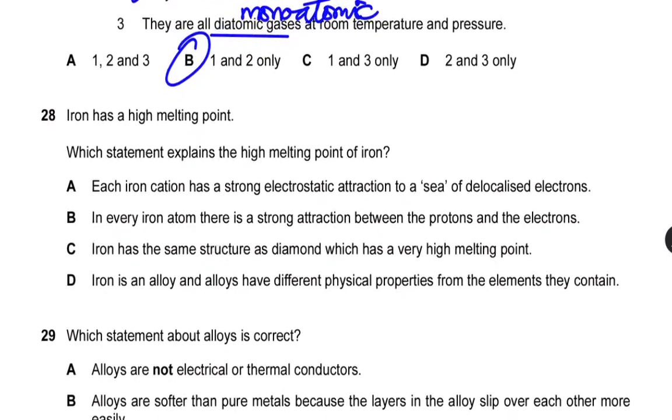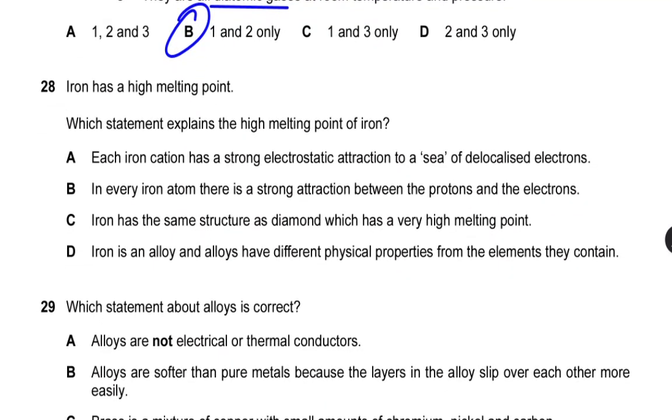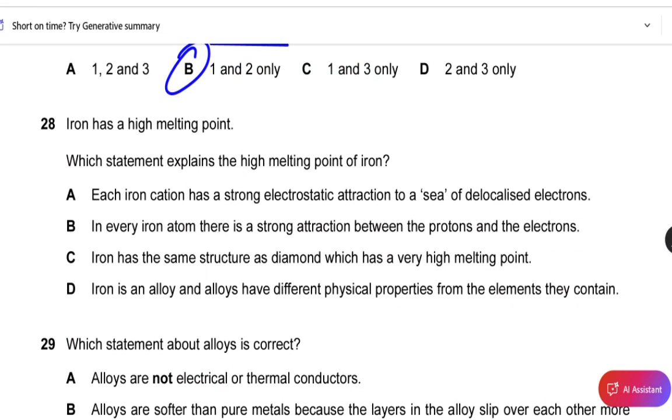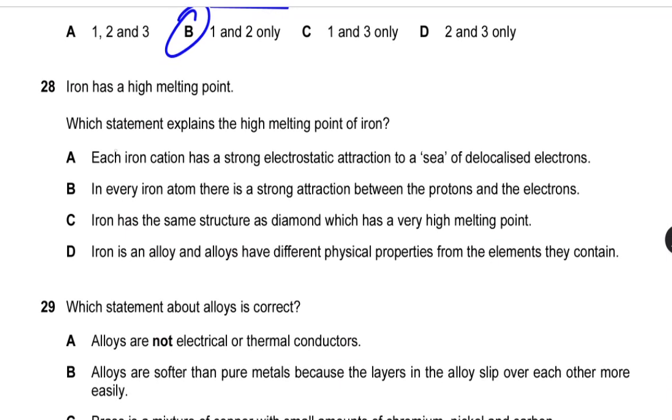Iron has a high melting point because it's a transition metal. So that's why they have the highest melting point. Which statement explains the high melting point of iron? Each iron cation has a strong electrostatic attraction to delocalized electrons. Yes, correct.